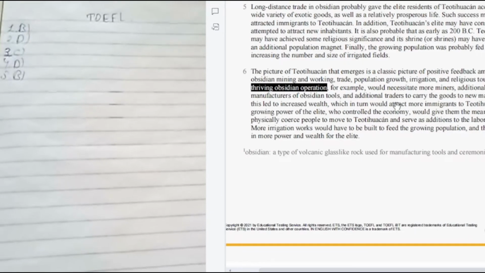Yeah, it's also probable that as early as 200 BC, Teotihuacan may have achieved some religious significance, and its shrine may have served as an additional population magnet.